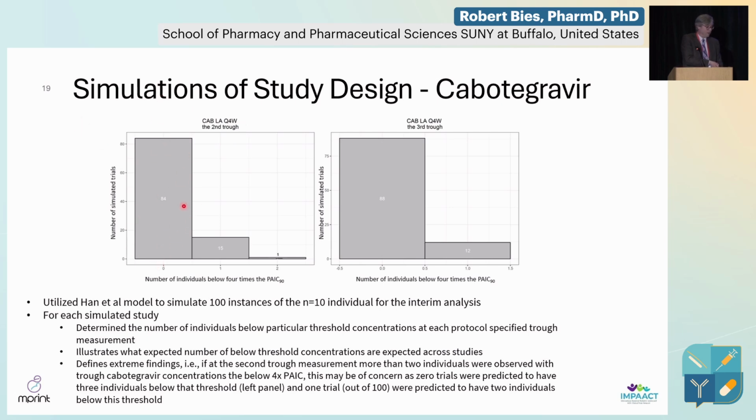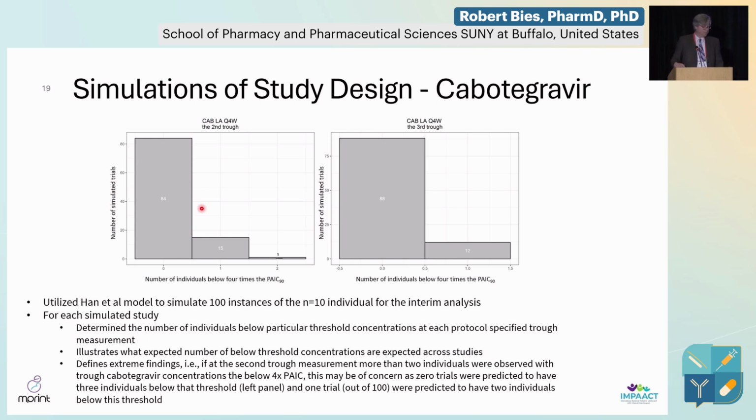So the first bar here is, in 84 out of 100 of the n equals 10 instances, you would expect to see 0 individuals below 4 times the PAIC90. You'd expect in 15 of those to observe 1 individual, and in 1 instance of that study, 2 individuals below that threshold.